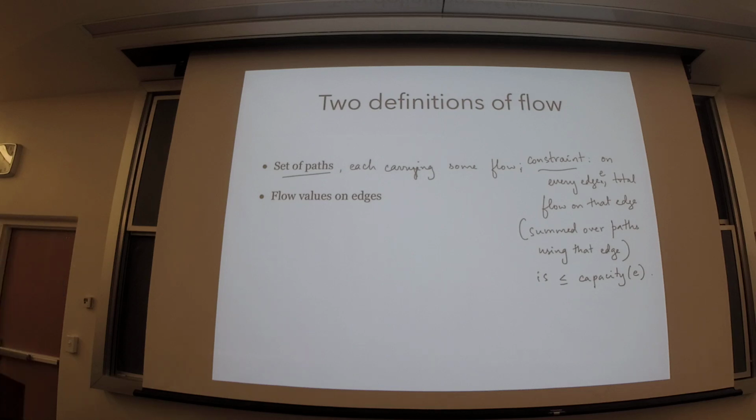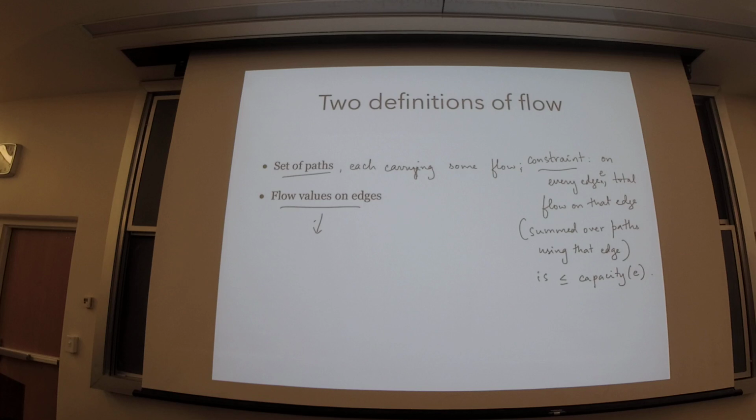You can also view flows in an equivalent way as just flow values on edges. Now the first definition is natural, but it's also a bit cumbersome to work with, right? Because to describe a flow, you've got to tell me, here's one path, here's the second path, and so on. So the second definition is much cleaner.